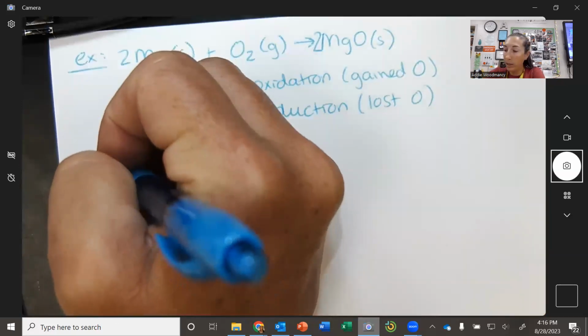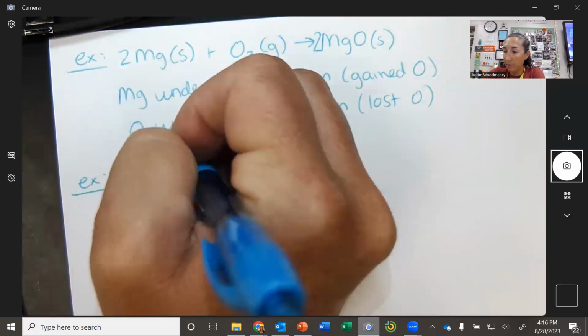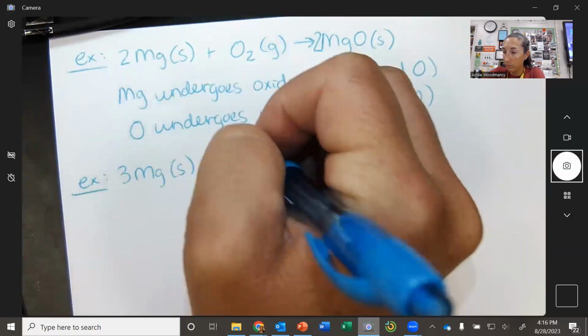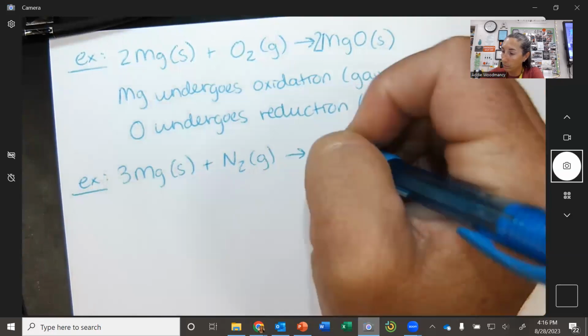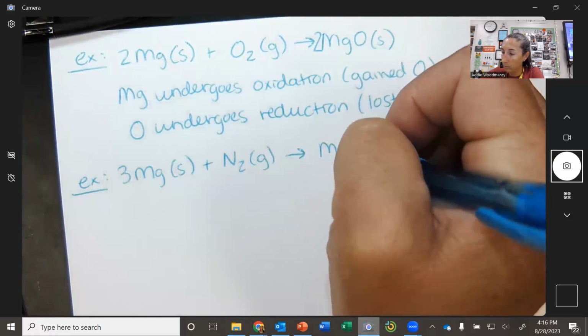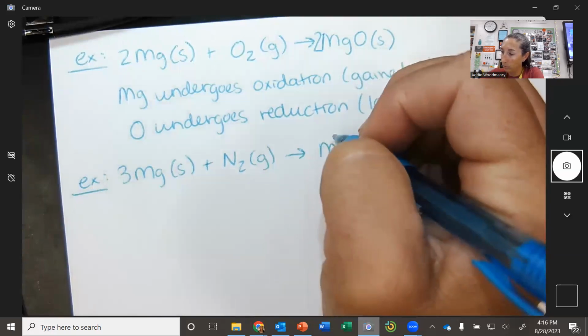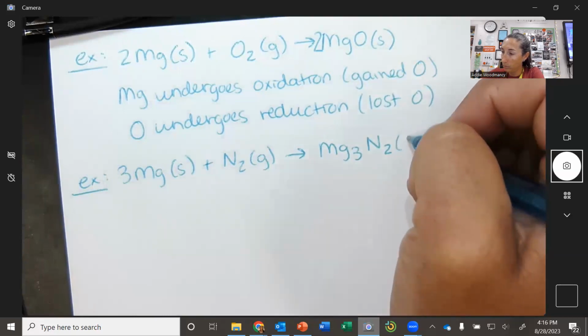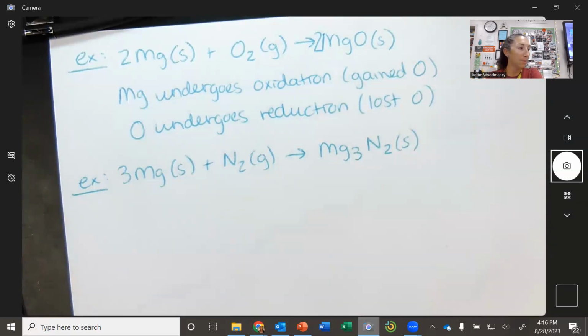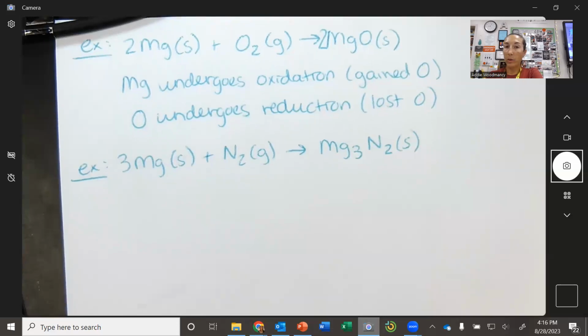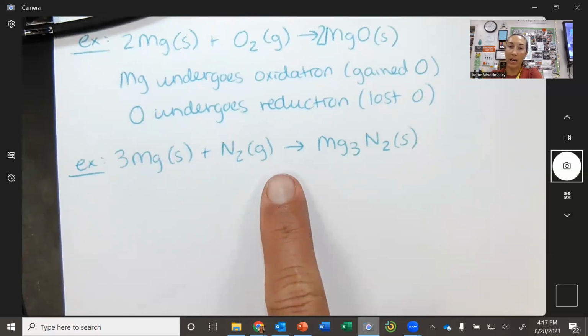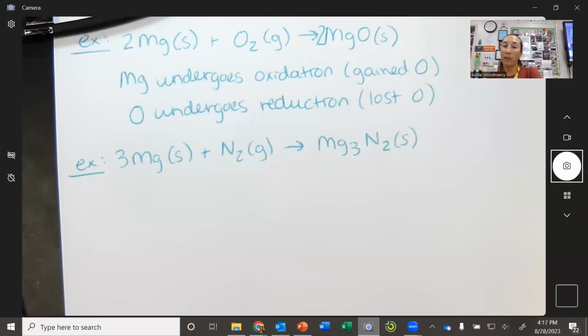So we'll keep with the theme of magnesium. All right, so this one isn't very clear as to what's getting oxidized and what's getting reduced because there's no oxygen involved.